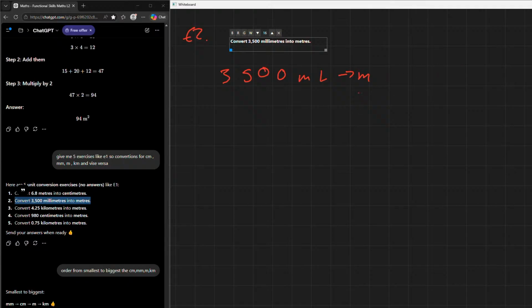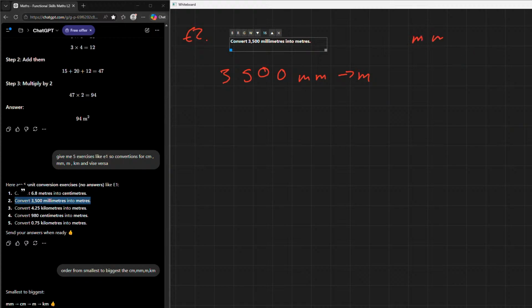So I know 1,000 milliliters, ml, to millimeters. Millimeters to meters.